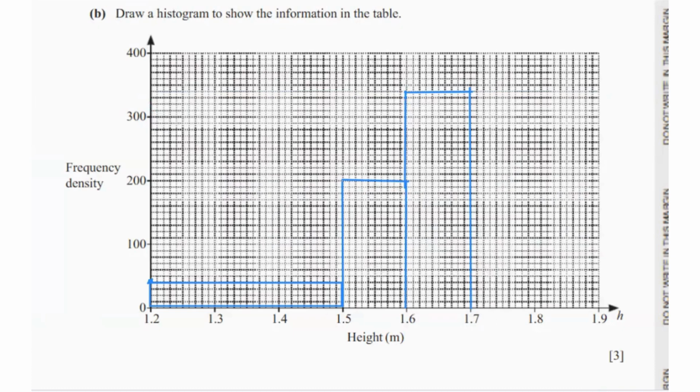And lastly, 70. This is our bar for that. So this is your histogram. And remember the frequency density formula is frequency over class width. Class width is your difference between the upper bound and lower bound of the class interval. You subtract those, and that is your class width, and frequency is already given in the question.